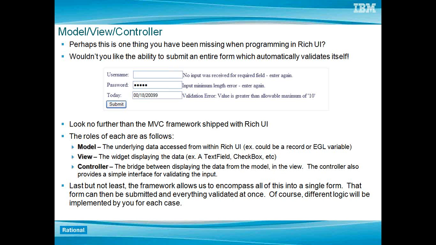And the view can be considered as text fields, buttons, checkboxes, grids, pie charts. They can be considered as the view, and the model which is supplying data to this view will be our variables, and the controller will be the transaction or the bridge between both of them.